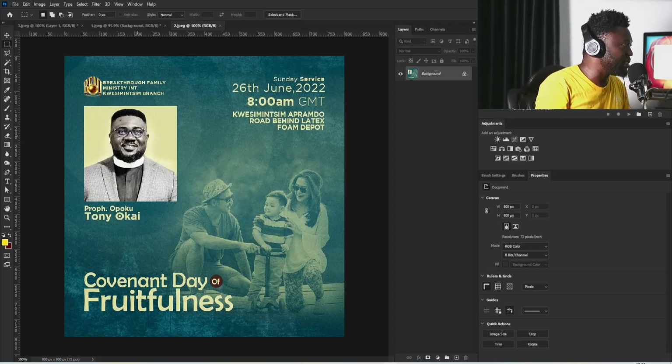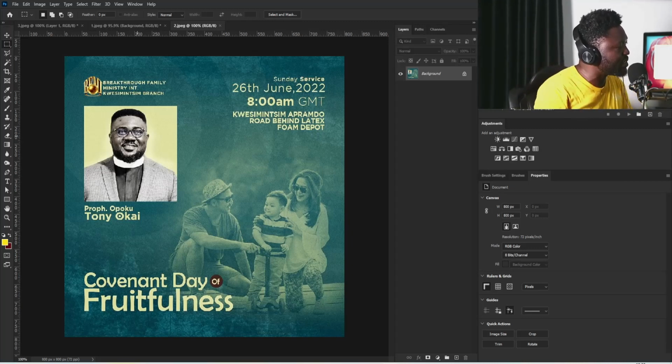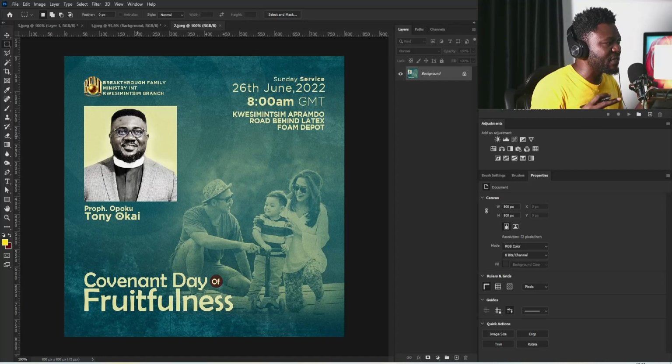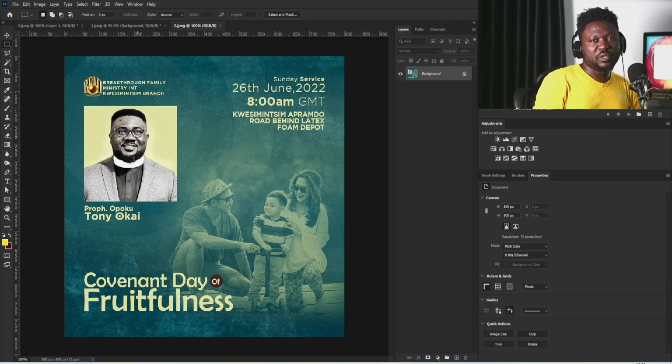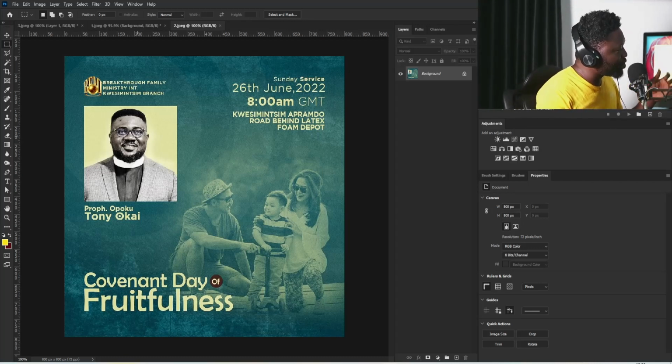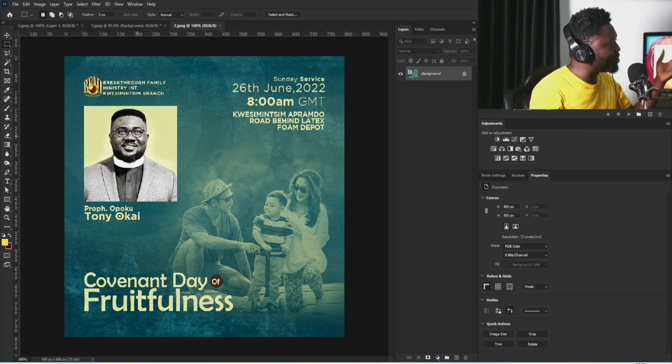What I'm going to say lastly on this is similar to what I said on the movie poster. Suspense is what makes a good design successful. This title is about Covenant Day of Fruitfulness. I expect to see something simple with good illustration, not a picture of a married man and woman with a child, and then the picture of the minister.